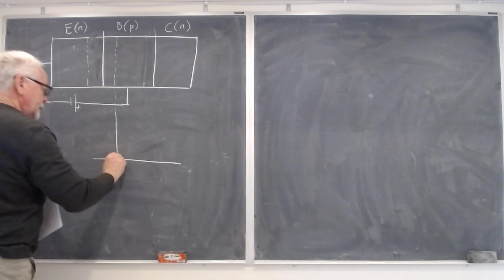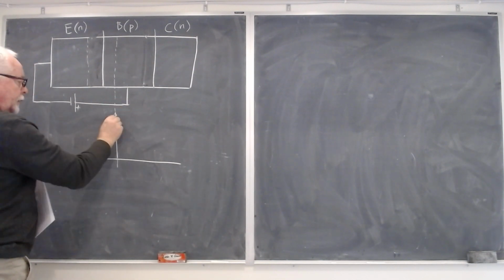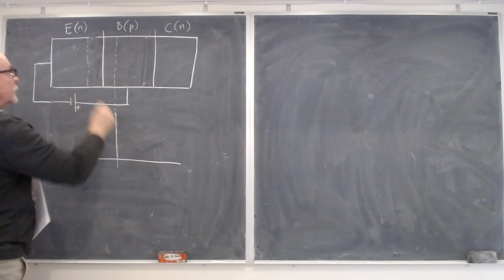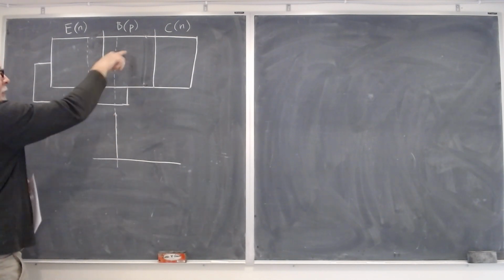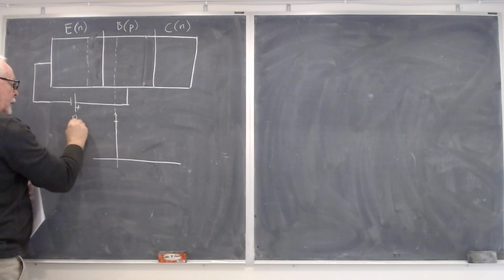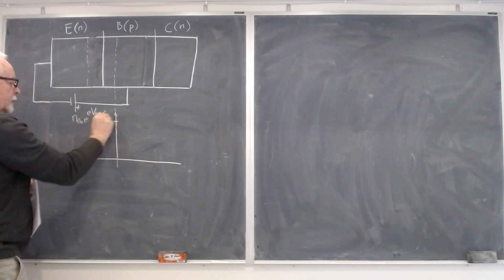When you forward bias the junction, what you've been taught is that the injected carrier density of electrons injected into the p-type base goes as n_b0 e to the e times the forward bias, which is the base emitter voltage, divided by kT.